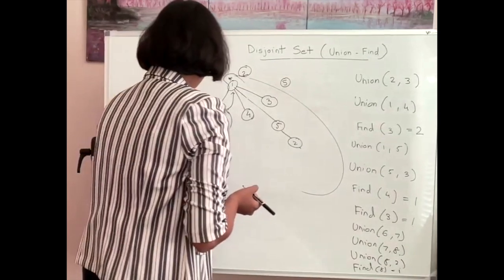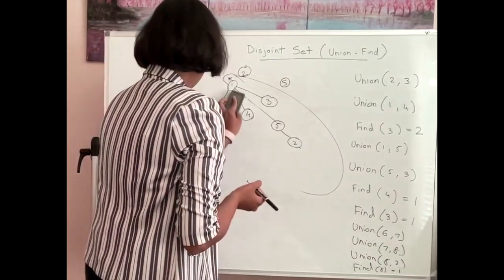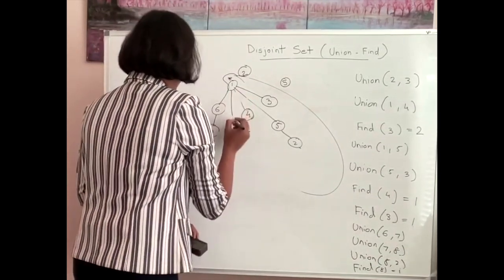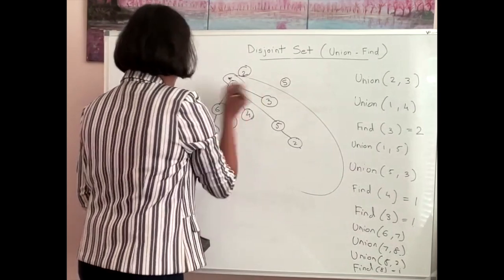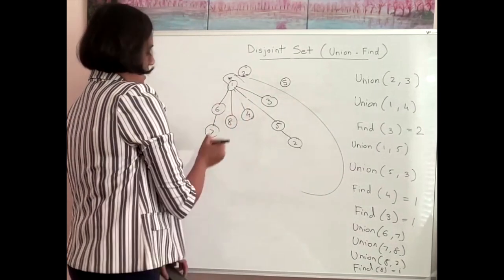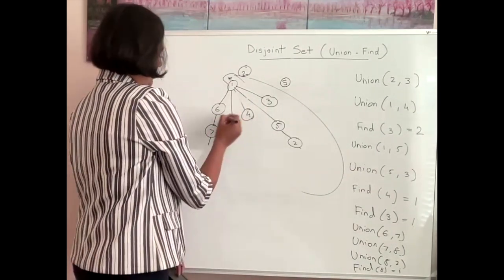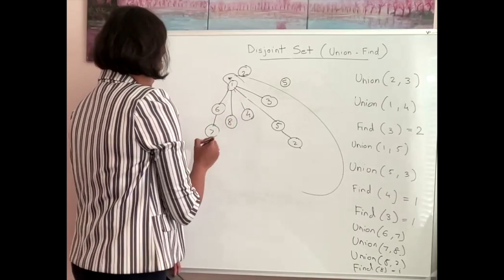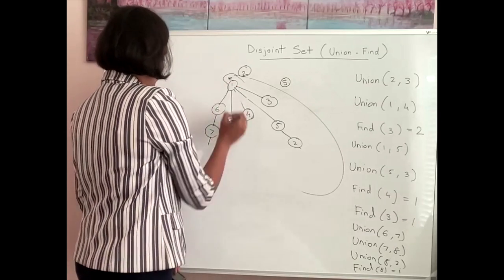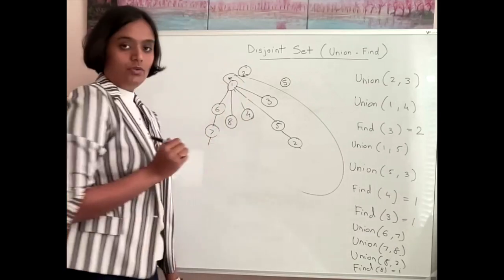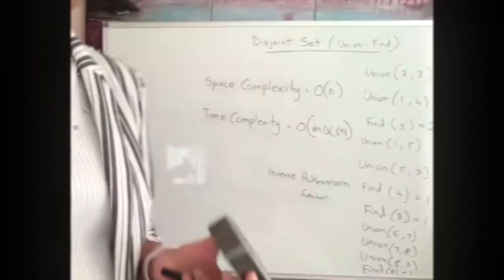It will take this 8 and attach it directly to the root of the set, such that next time, whenever we call find 8, rather than doing all this bunch of operations, it is directly able to reach the representative of that set.